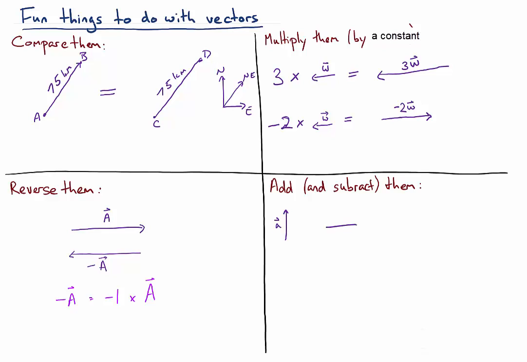Let's call it A. And then I went 1 kilometre to the east and call that B. So I could add those two vectors together. And you know this is common sense. If I first travel north and then I go east, they add top to tail.